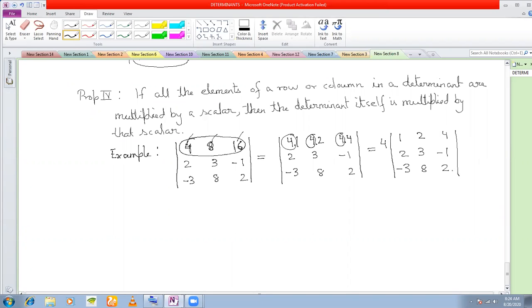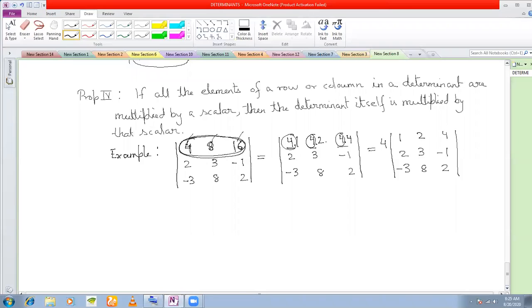Now is the property clear? No, sir. Can you explain once? See, in the first row, what is the HCF of 4, 8, and 16? It is 4, right? So if you see, all the elements of the first row are multiplied by 4.